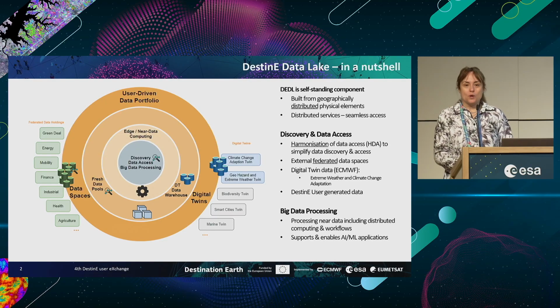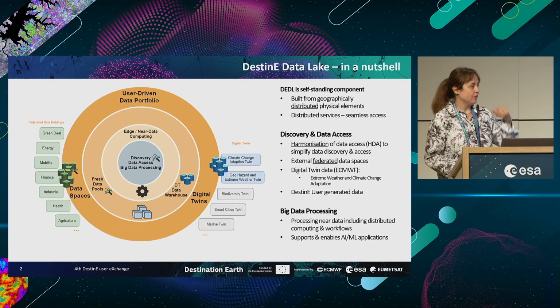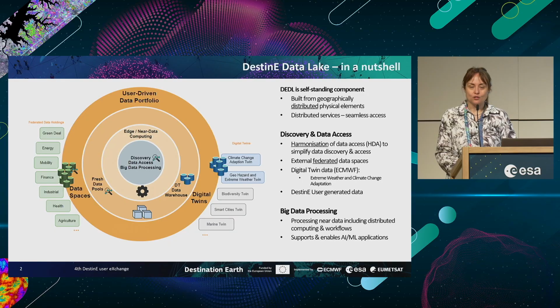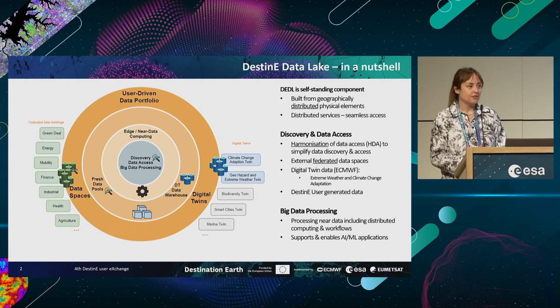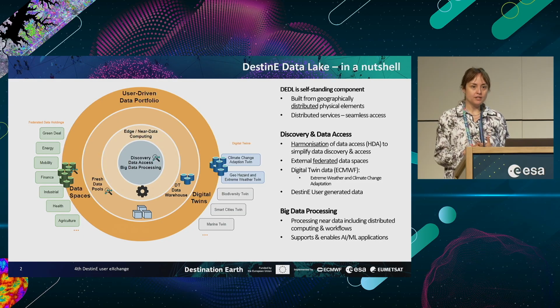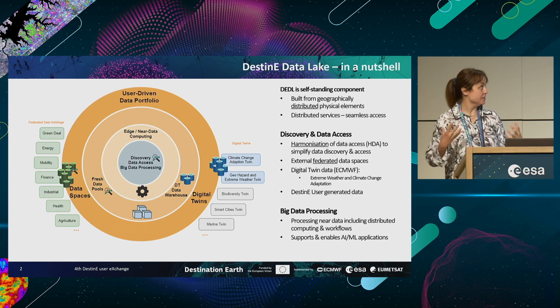Just a quick reminder, I guess you've seen this diagram already. We call it internally in EUMETSAT the onion diagram, because it shows the different layers of the data lake. So the DestinE Data Lake in a nutshell, what is it? It's a self-standing component within Destination Earth. It's built from geographically distributed systems, or elements.